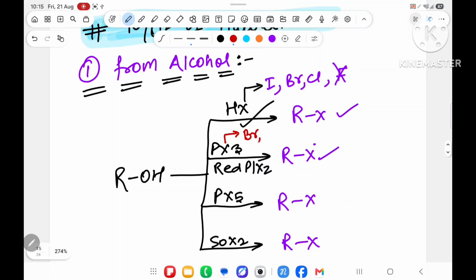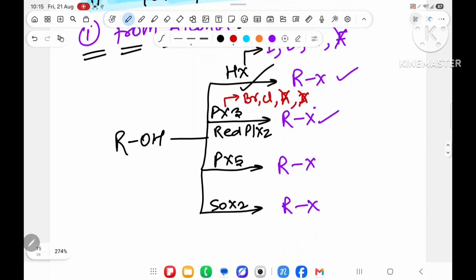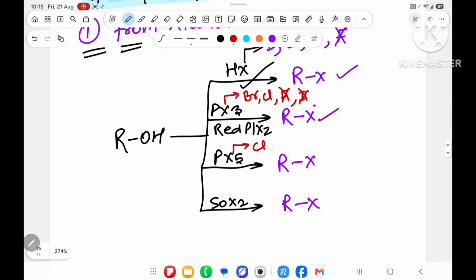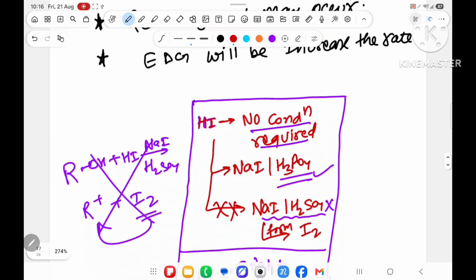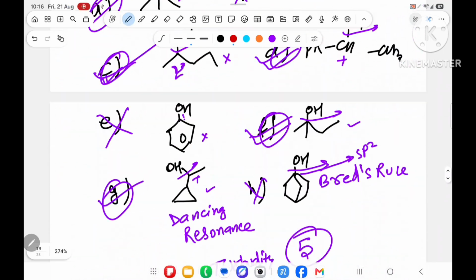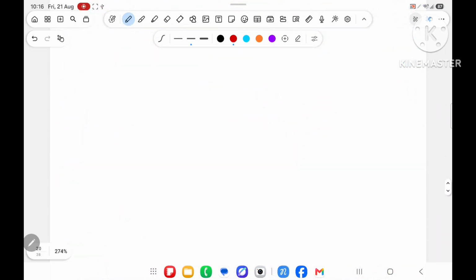I have taken only chlorine; bromine not taken, iodine not taken, and fluorine not taken. So take care of that. I am writing only those that are possible. Don't get confused. Okay sir, understood.